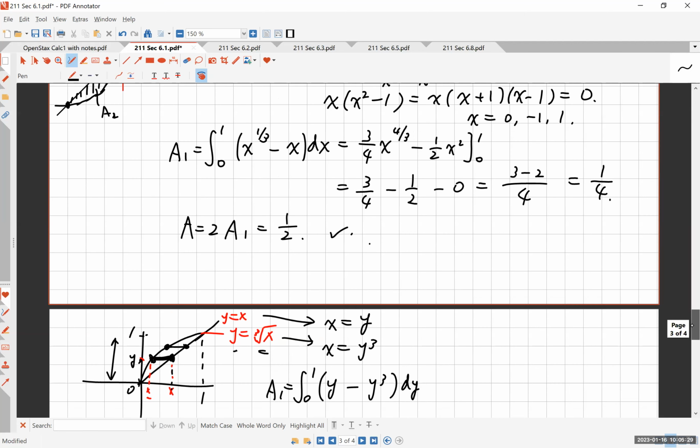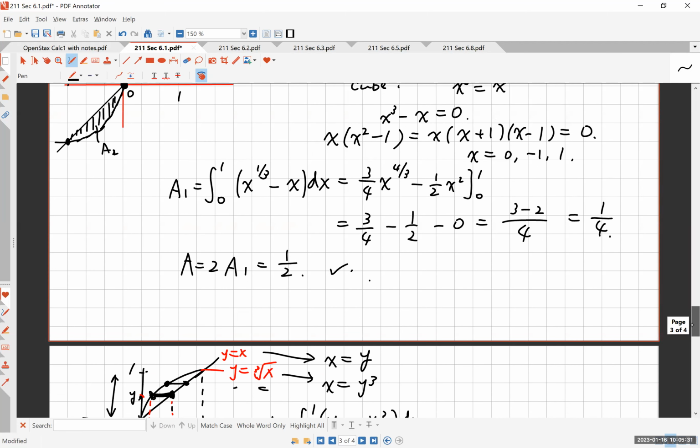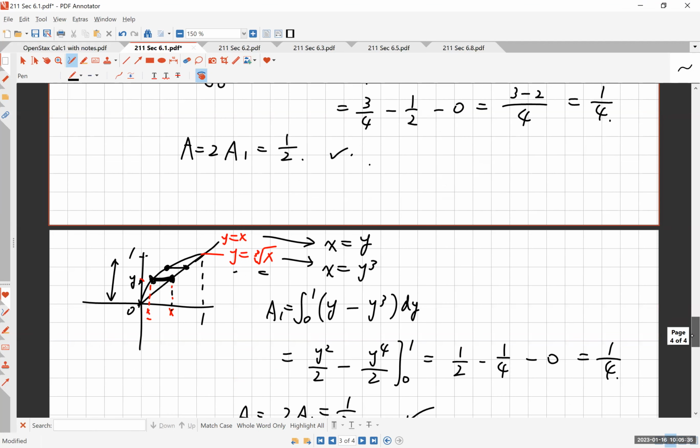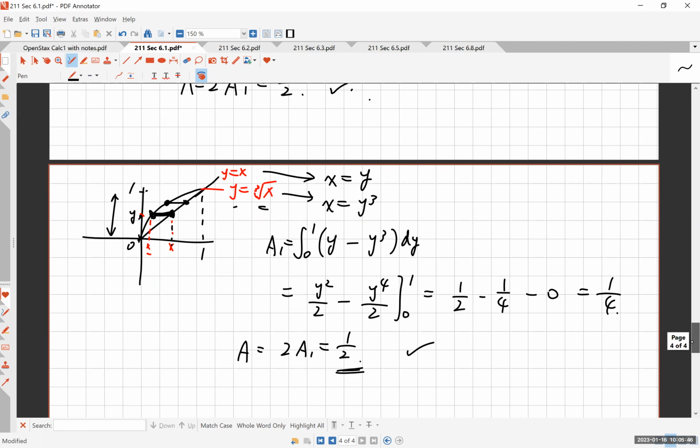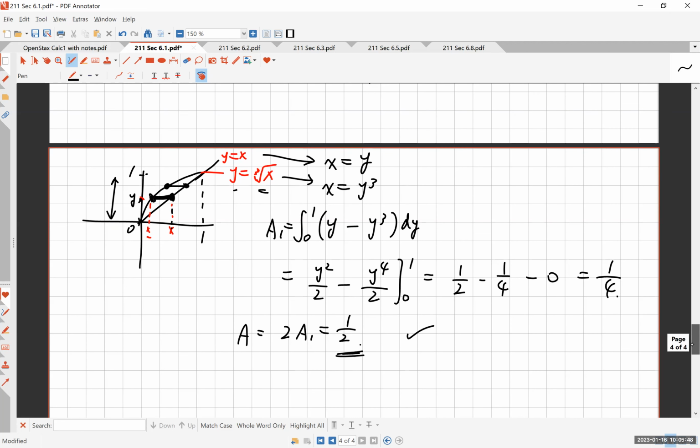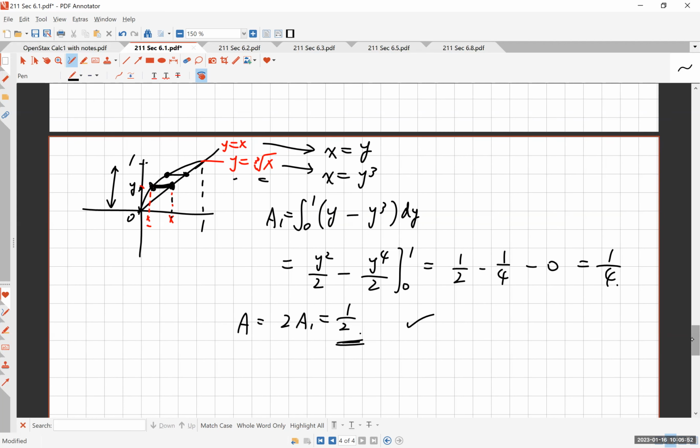Regardless of if you take the integral with respect to x or with respect to y, the area itself is the same. So the value of the integral should be the same, whether you use x or y as the variable of integration. And now you got the right answer, so you can sleep in peace.